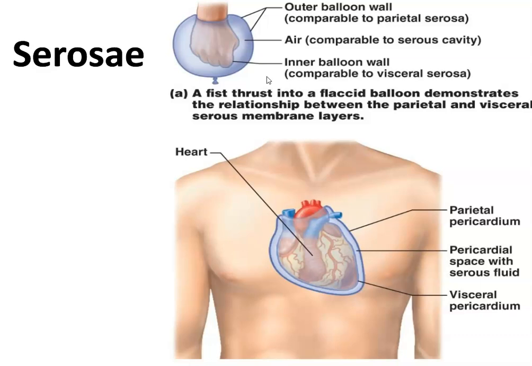So this is the layer of the membrane that covers the outer surface of an organ. The part of the balloon that surrounds your hand but does not directly touch it represents the parietal layer of the membrane. Between the two layers of the balloon, there is an empty space that would represent the cavity. In the body cavities, this space is filled with serous fluid.